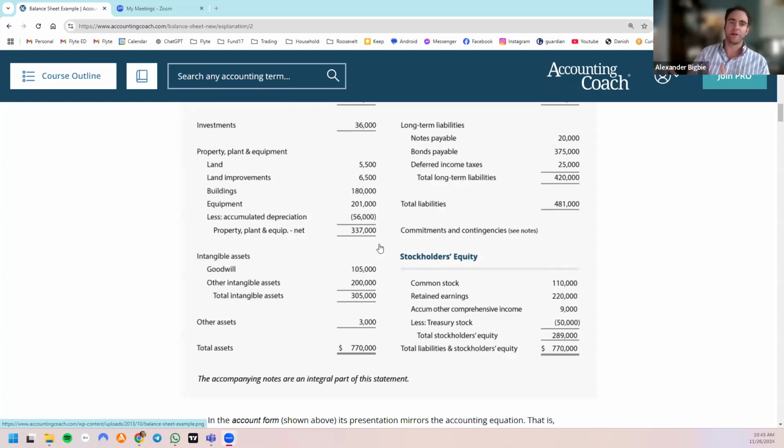And when it comes time to prepare taxes and financial statements, it's really important to have a good understanding of these two statements.